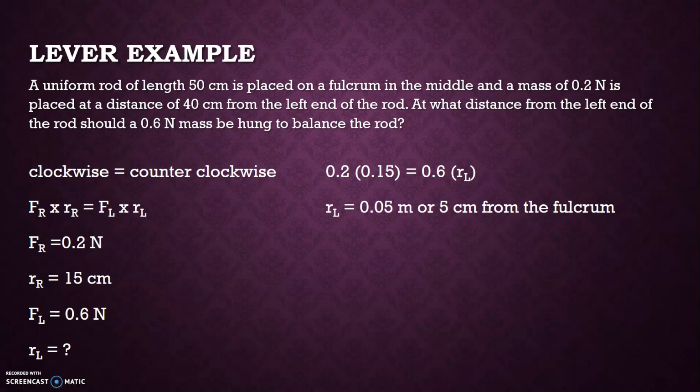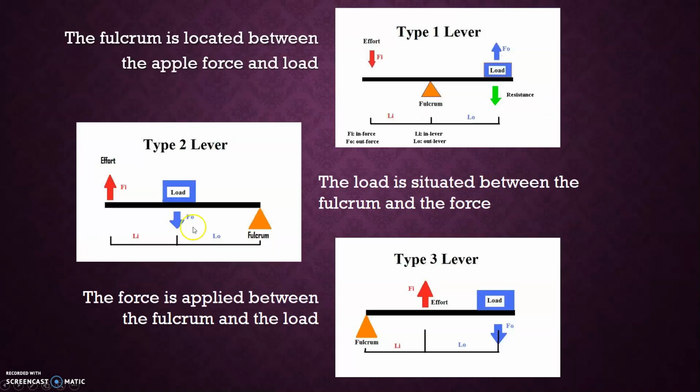This is why you have to draw the picture, because the distance is always from the point of rotation, the fulcrum, to where the force is located, not from the edge. So we're always measuring from the fulcrum to here, and from the fulcrum to here, not anywhere else.